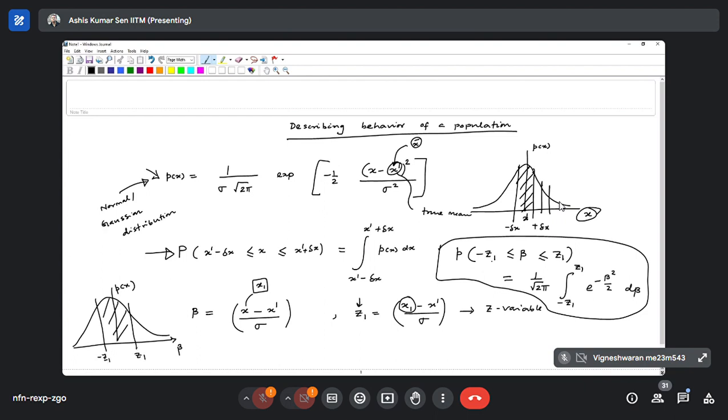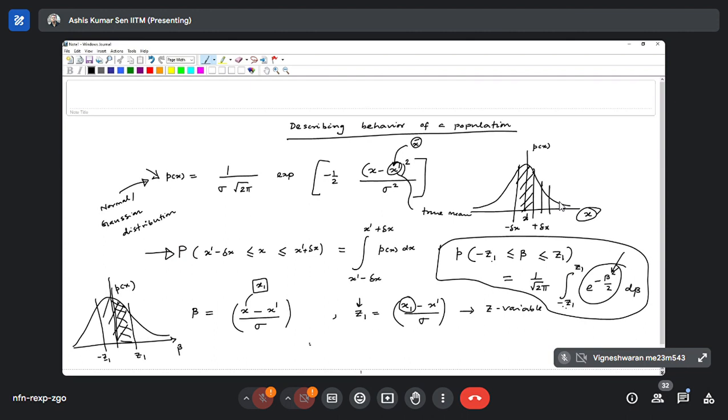Okay. So if you look at this term inside the bracket, it is actually squared, and this curve is actually symmetric about the central axis. That means instead of integrating minus z1 to z1, you can integrate 0 to z1, and whatever area you get from 0 to z1 is half of the total, so you can multiply by 2 to get the total area.